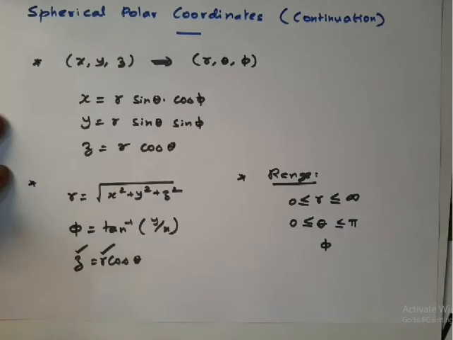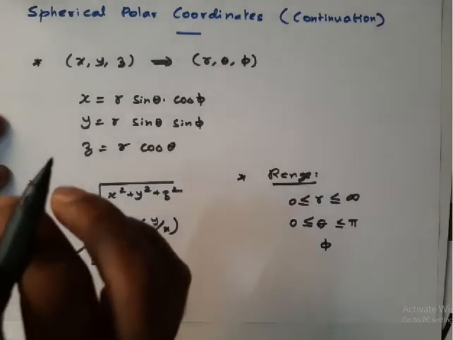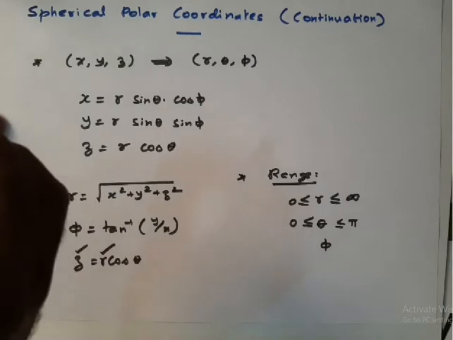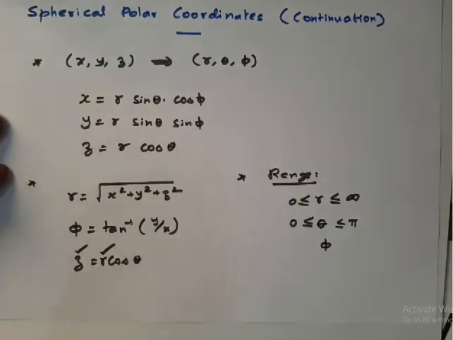Suppose the point is present exactly on the plus x axis, phi angle is 0. Then if the particle moves anti-clockwise and reaches the plus y axis, the angle becomes 90 degrees. Then if the particle moves further and reaches the minus x axis, the angle becomes 180. Then when it reaches the minus y axis, you get 270.